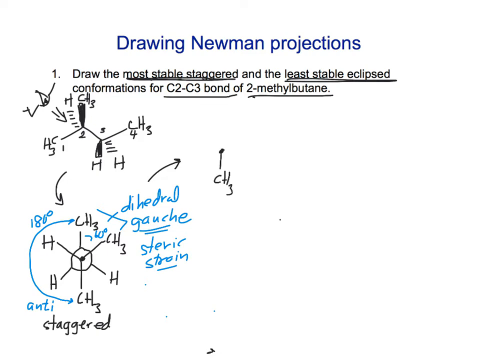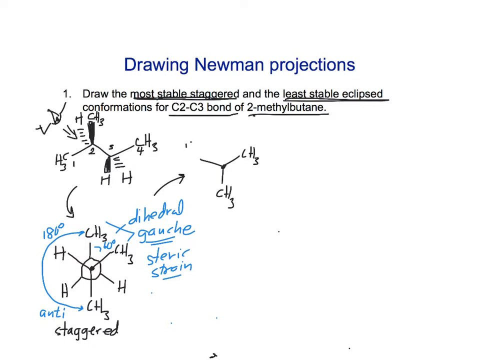So we have one methyl group going down, one to the right, and the H over to the left. I'm going to draw my circle here, and what I'm going to do in this case is I'm going to rotate this methyl group over to the left.